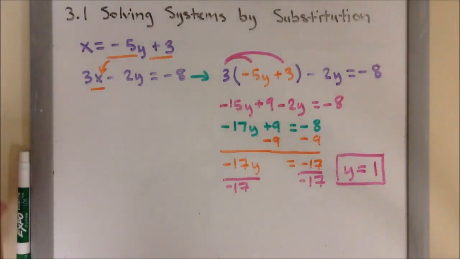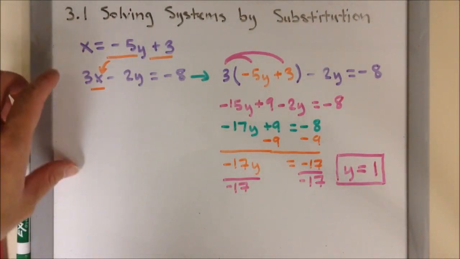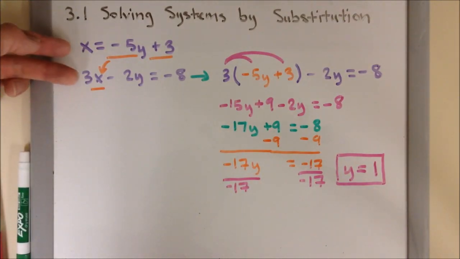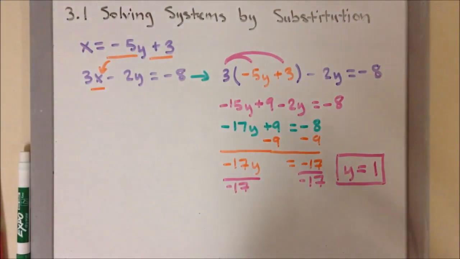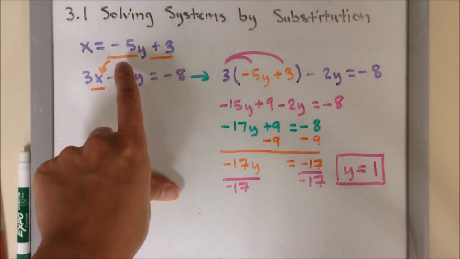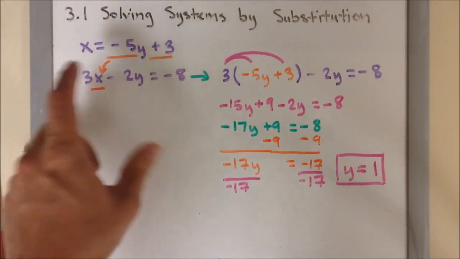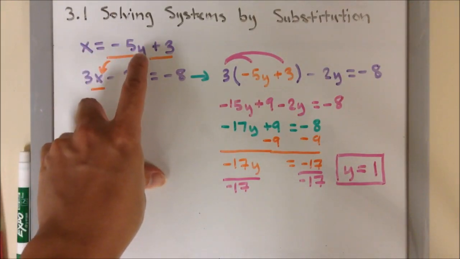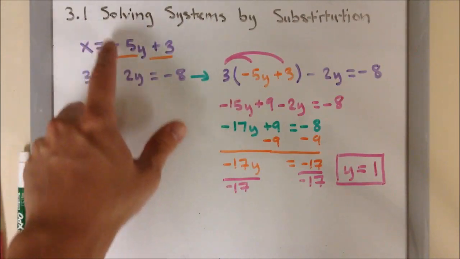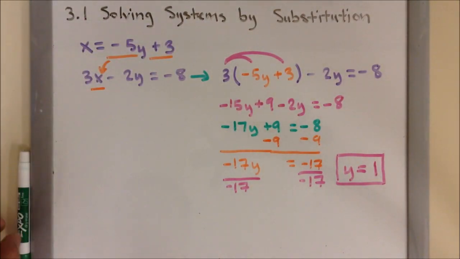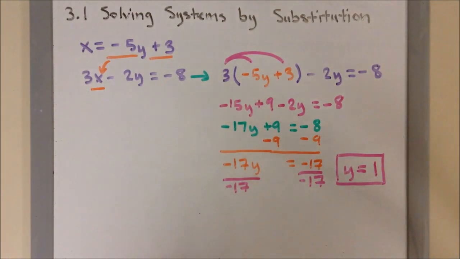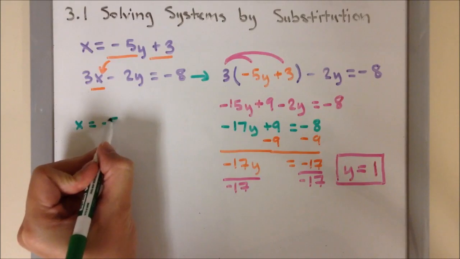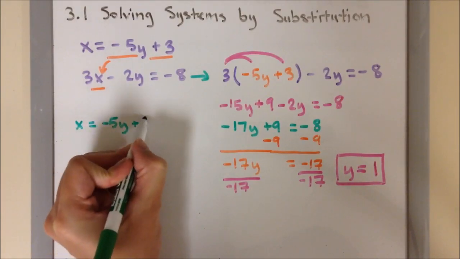And how am I going to solve for the second solution, x? You can plug in the y value into either the first equation or the second equation. Best advice is, if I'm solving for x, I will use the first equation because the x is by itself. So I'm going to write x equals negative 5y plus 3.